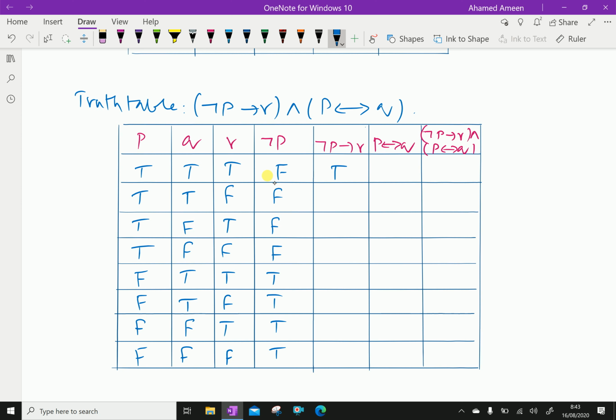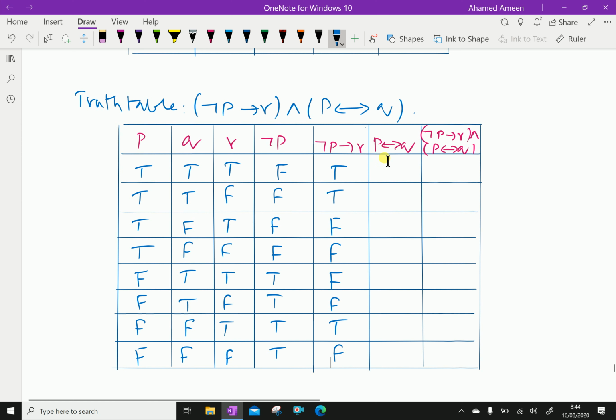Here also true, false, false, false, false, and true, false.